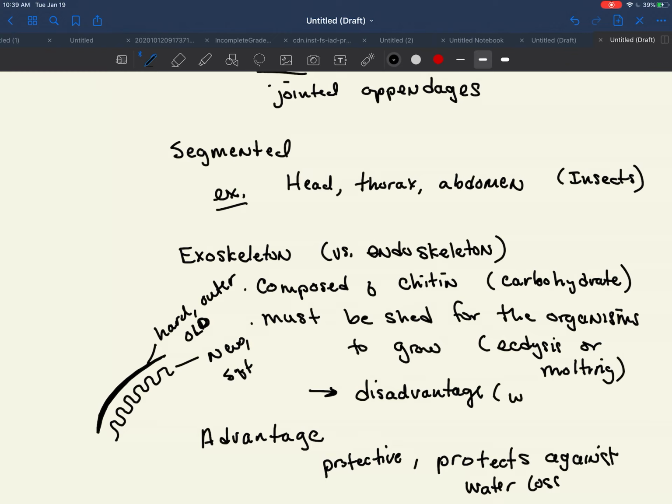So another disadvantage I'll put up here is weight, because it is heavy relative to having an endoskeleton, which tends to be lighter. If we look at the bigger, more heavily armored organisms like lobsters and crabs, they are aquatic because the aquatic environment helps to keep them buoyant.